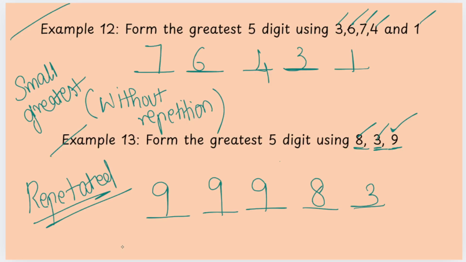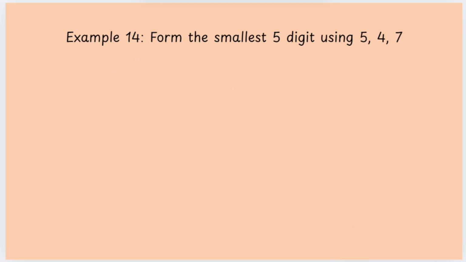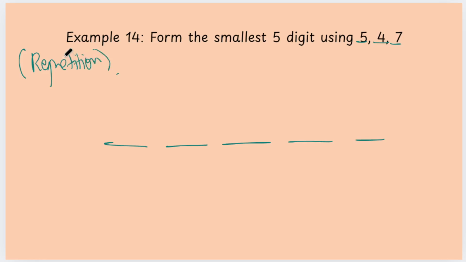Fine. This is how you do the greatest and smallest. Next, form the smallest 5-digit number. I need to find the 5 digits, but in the question they have given only 3 digits. And this sum is a repetition. You can repeat the number.